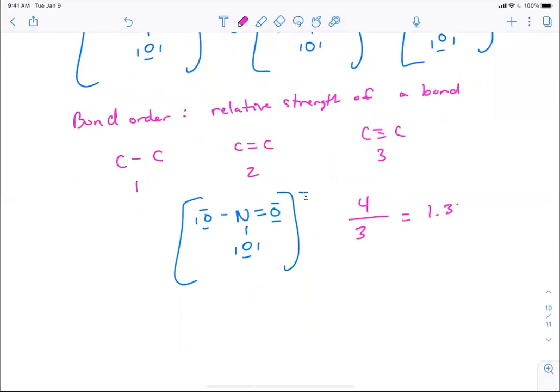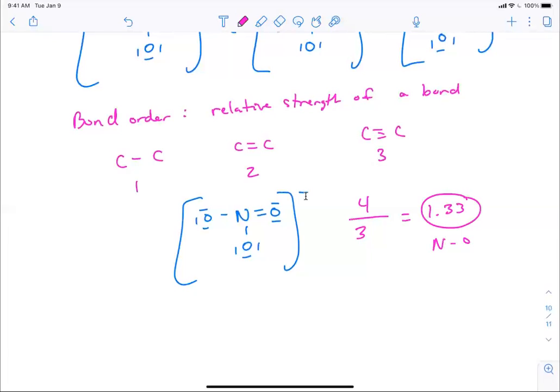And that means that essentially this NO bond is equivalent of 1.33 bonds. So it is stronger than a single bond, but weaker than a double bond. And so its bond length should fall in the middle of that. And you can use bond order as an argument for explaining bond length and bond strength as well. So it's definitely a nice thing to have in your arsenal when you're trying to explain concepts in here.